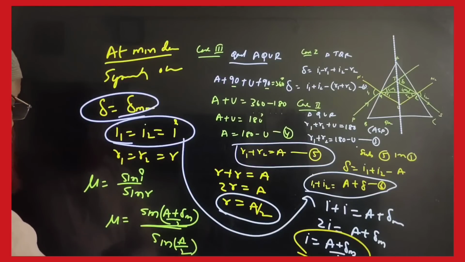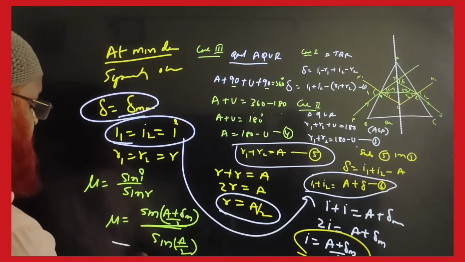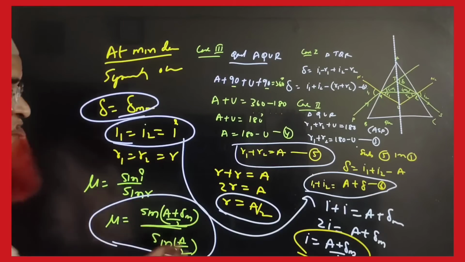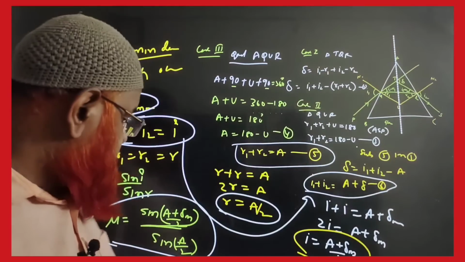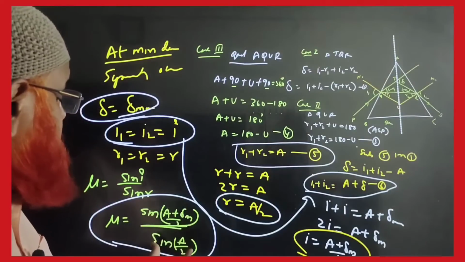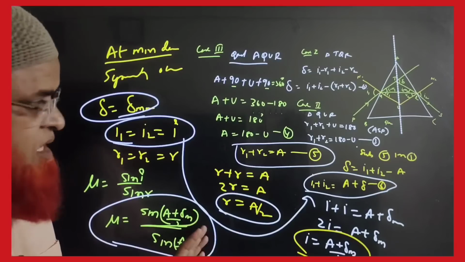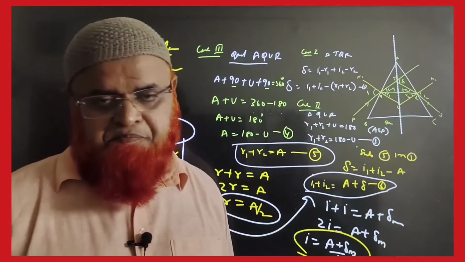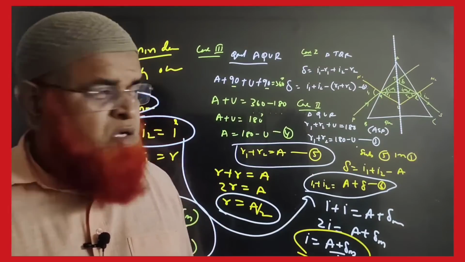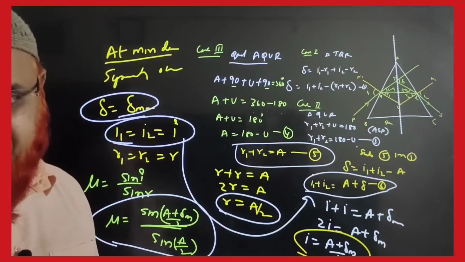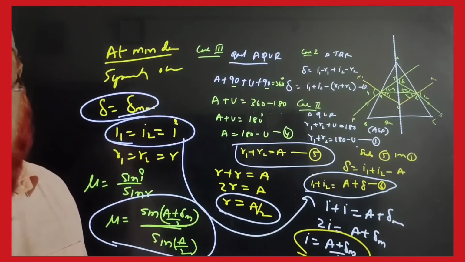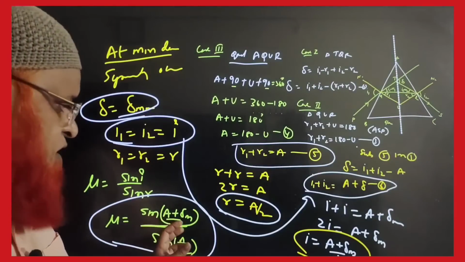This is called the refractive index of a prism formula. Sin of A plus delta M by 2 by sin A by 2. Understood? Clear? That is about the prism. Once you understand the prism, it's very easy to solve the problems of the prism. So I got this formula.